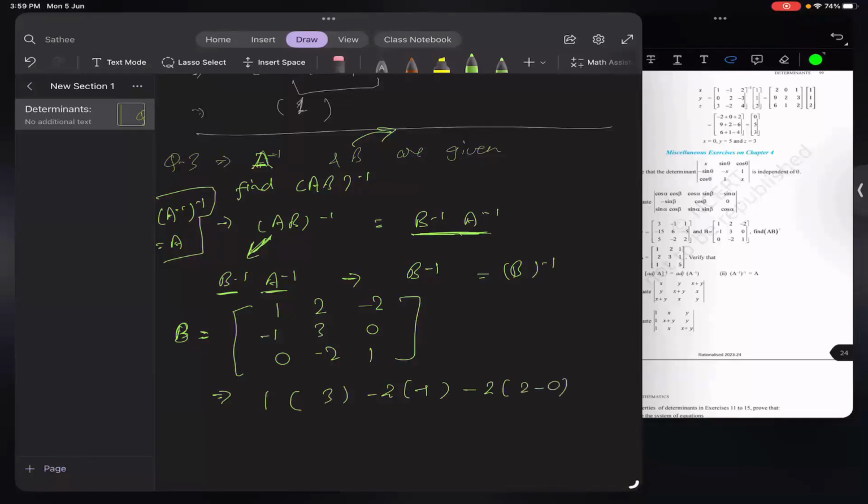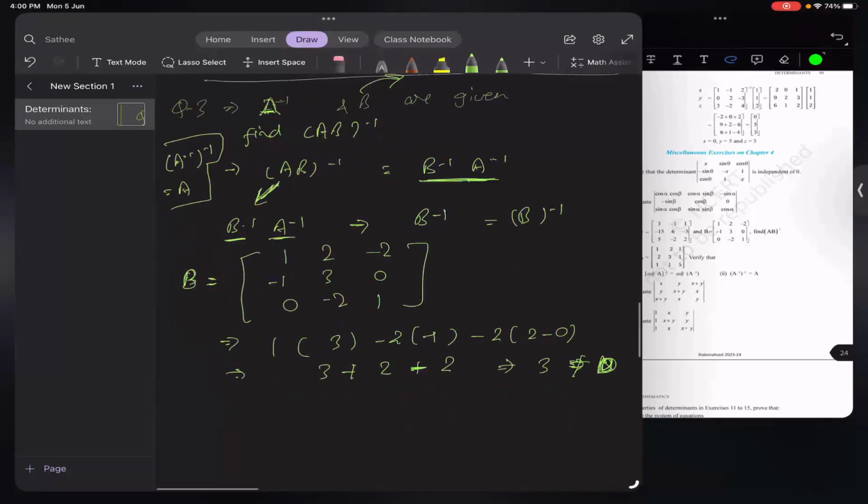So this is 3 plus 2 plus minus 2. So this is finally 3. This is non-zero, so we know that the inverse exists.